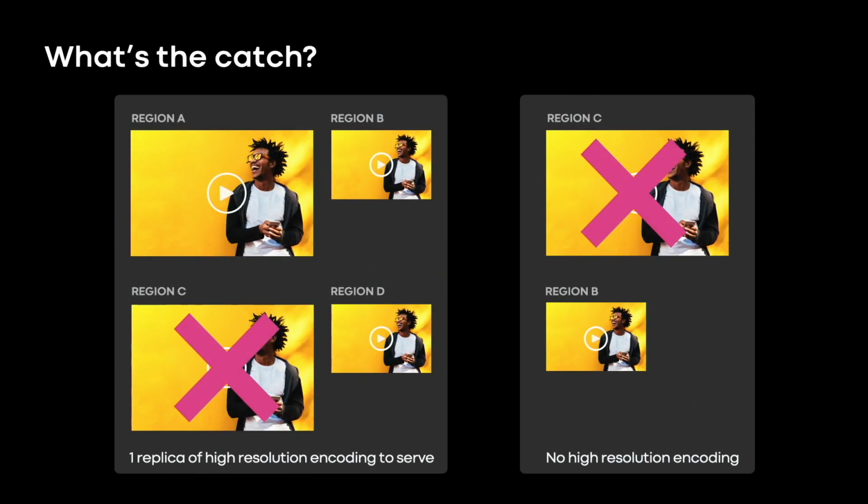With the default storage layout, there is still one high quality resolution encoding that can be served to players. But with the compact storage scheme, we only have the low resolution encoding now until region C becomes available again. This can cause a degraded experience since we can no longer show high resolution content. Also, reduced physical replication implies a higher chance of read failures, which can cause player stalls.